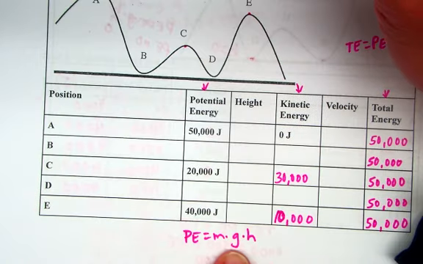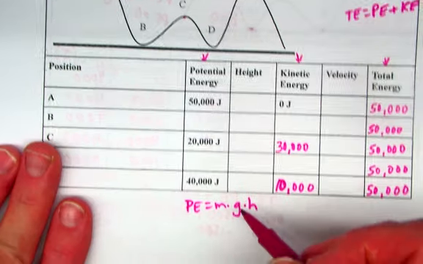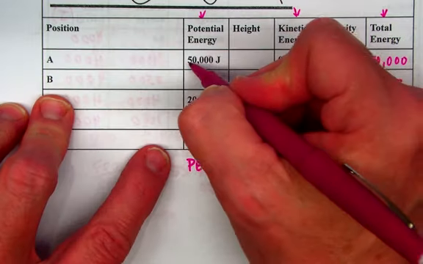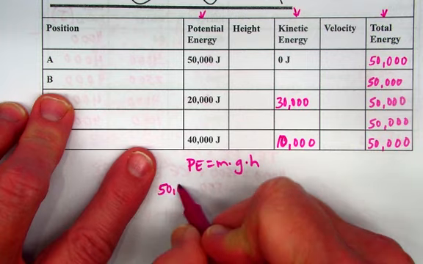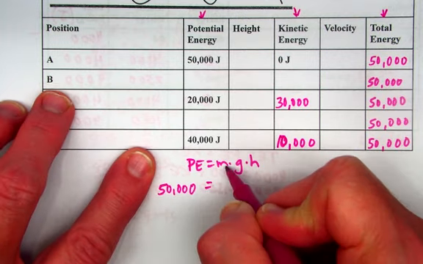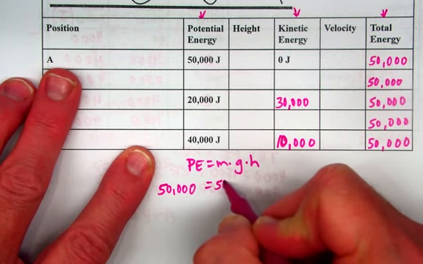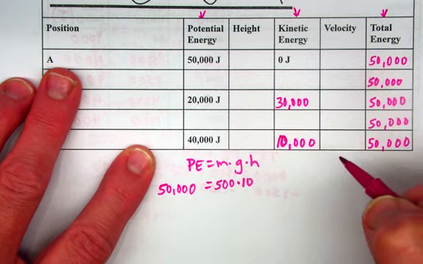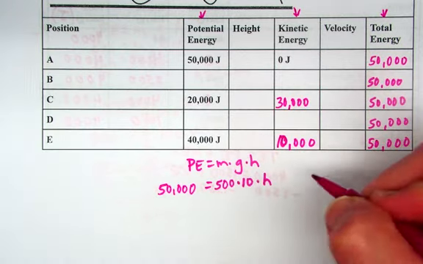We also know g is always 10, so we know everything except for h, so we can solve for it. Our first example would be 50,000 equals our m, which is 500, times g, which is 10, and then solve for h.